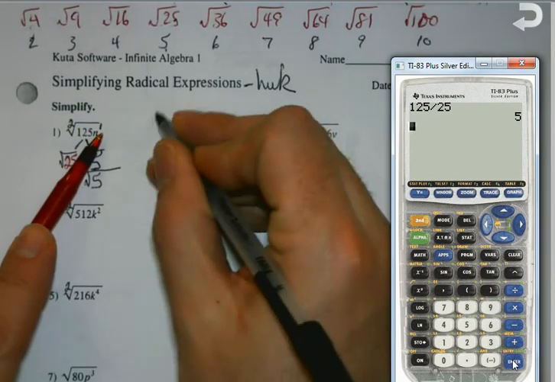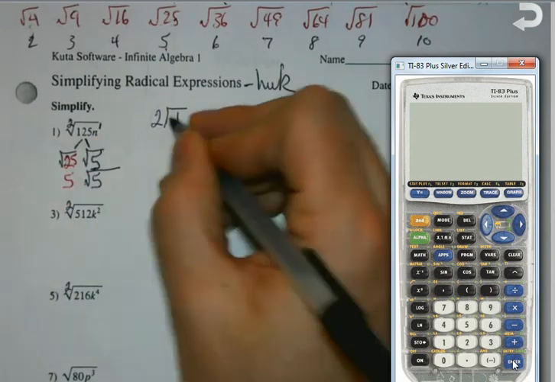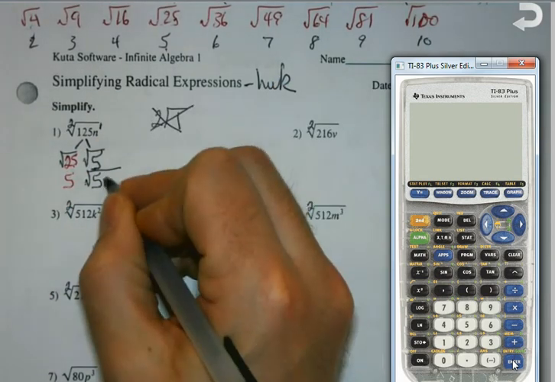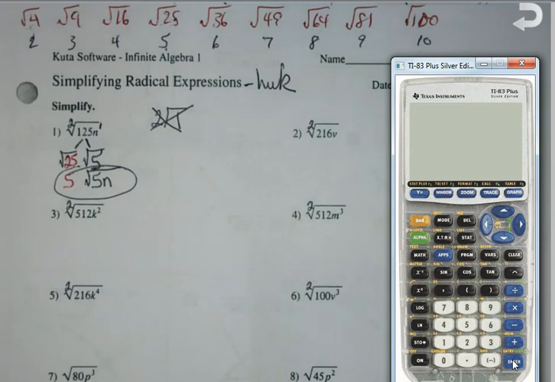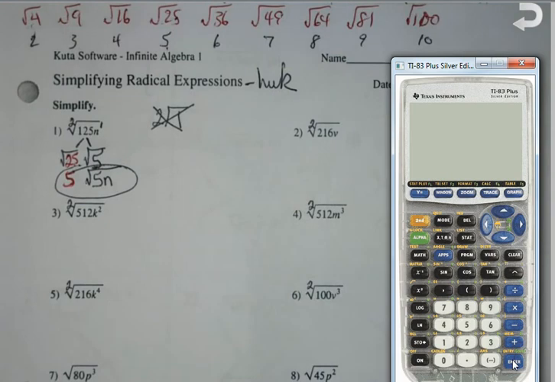Well, here's the problem. Does 2 divide into 1? No. So that n has to stay in radical jail too. It can't get out. I have to be able to divide into the exponent to have part of it get out. And that's all I can do. Now that might look weird for an answer, but it is the answer. That's as far as I can go.